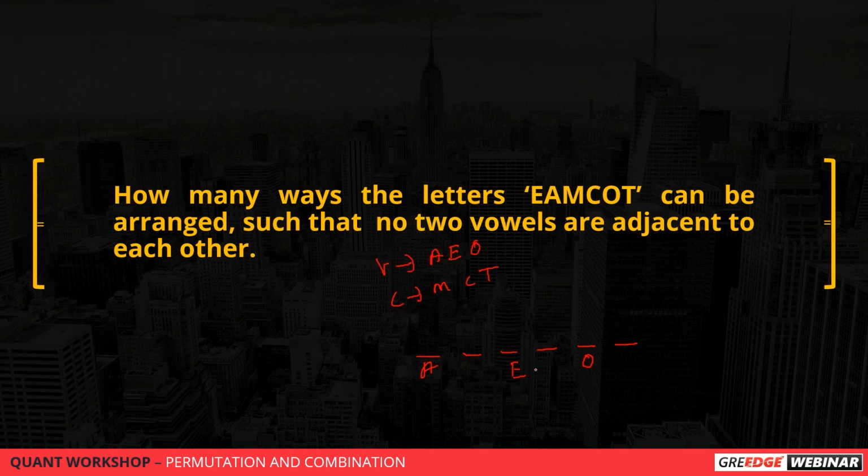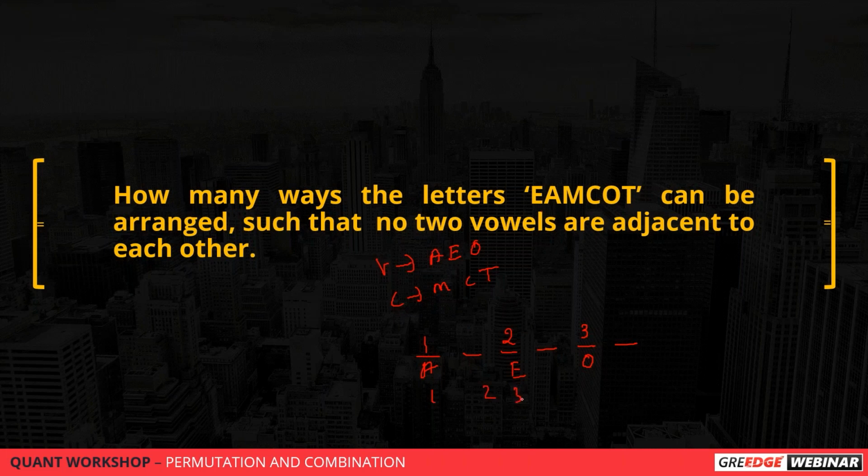So how many ways can we fill the vowels A, E, O? Here the condition is the vowels should not be together. Either I can go with places 1, 2, 3, or directly other places are possible. So I have 4 places to fill.